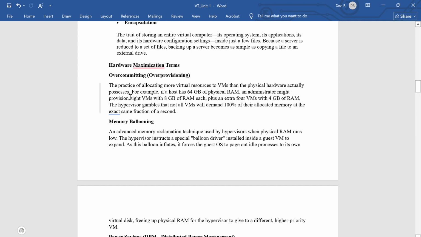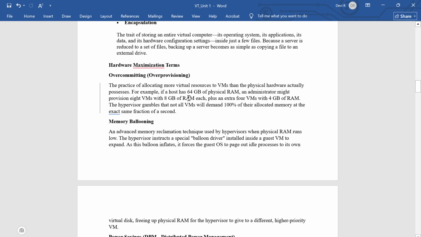Next we are going to see some of the terms which are used in hardware maximization. The first term is overcommitting, that is, over provisioning. It is the practice of allocating more virtual resources to VMs than the physical hardware actually possesses.